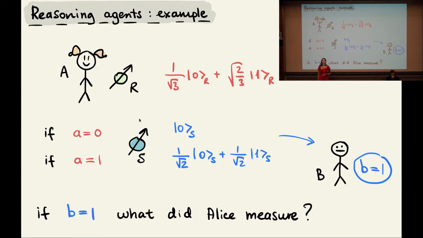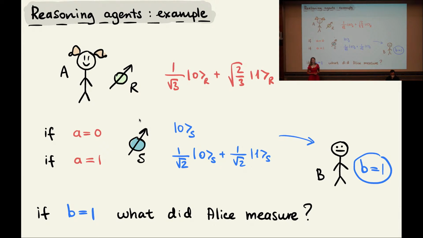Okay, so let me give a quantum example. Suppose that we have an Alice in her lab, and she has a spin system R, a qubit, say. Initially, this qubit is in the state that you see here: 1 over square root of 3 |0> plus square root of 2/3 |1>.